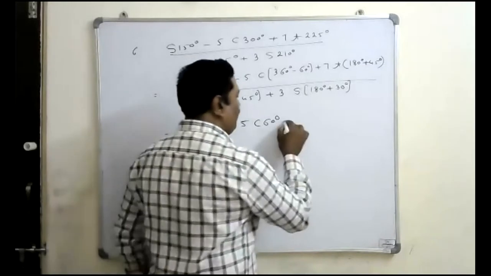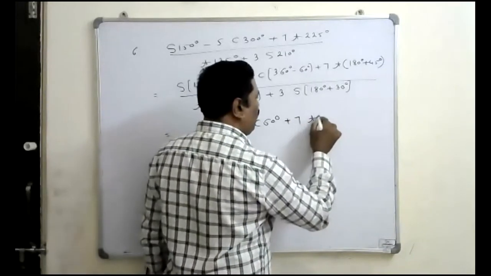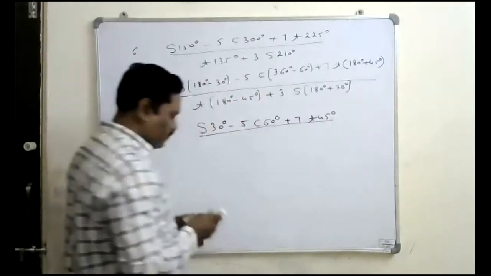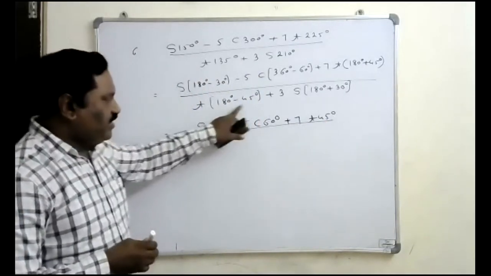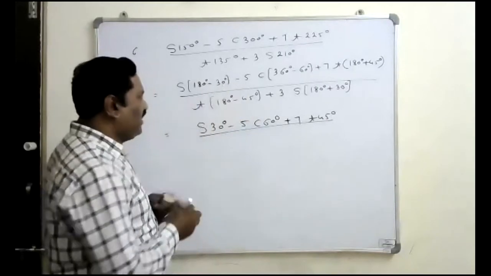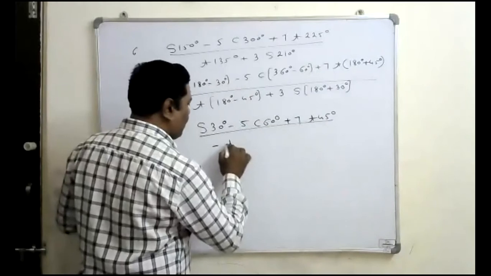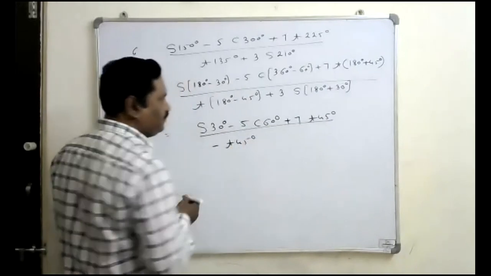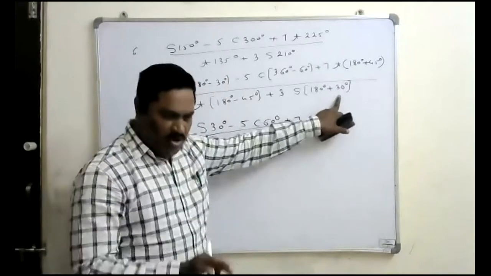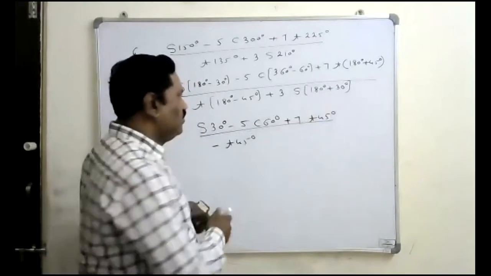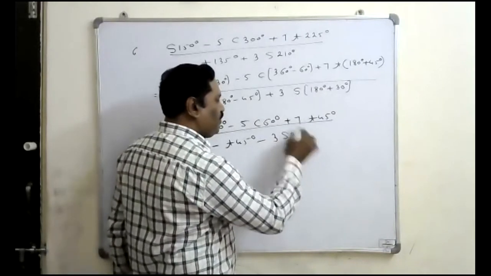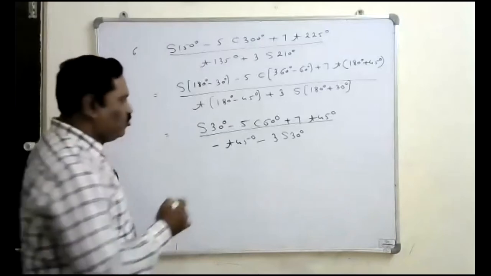That's why it is equivalent to 7 tan 45 degree upon 180 minus, this is the angle of the second quadrant. In the second quadrant tan is negative, means this is minus tan 45 degree. 180 plus, this is the angle of the third quadrant. Sine is negative, thus we'll get minus 3 sine 30 degree. Like that we will bring into the acute angle.